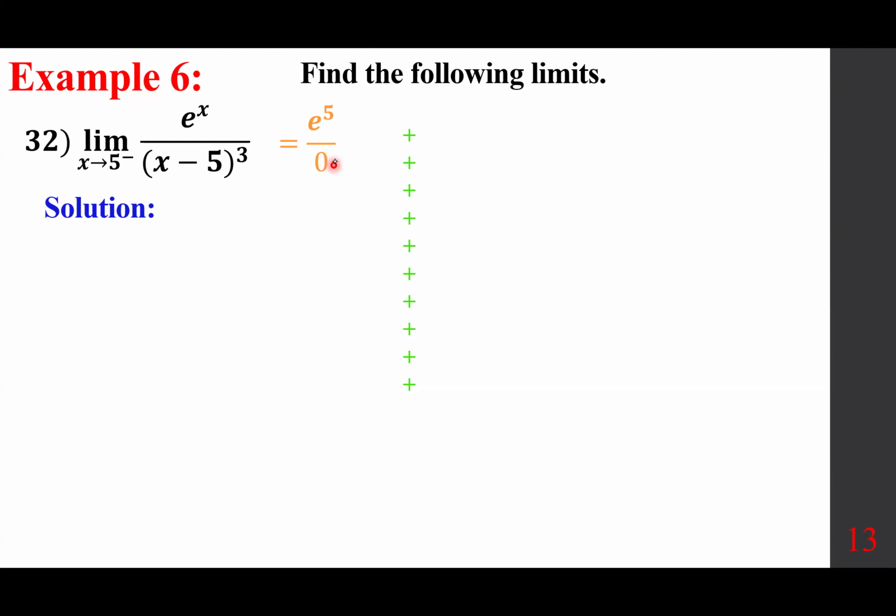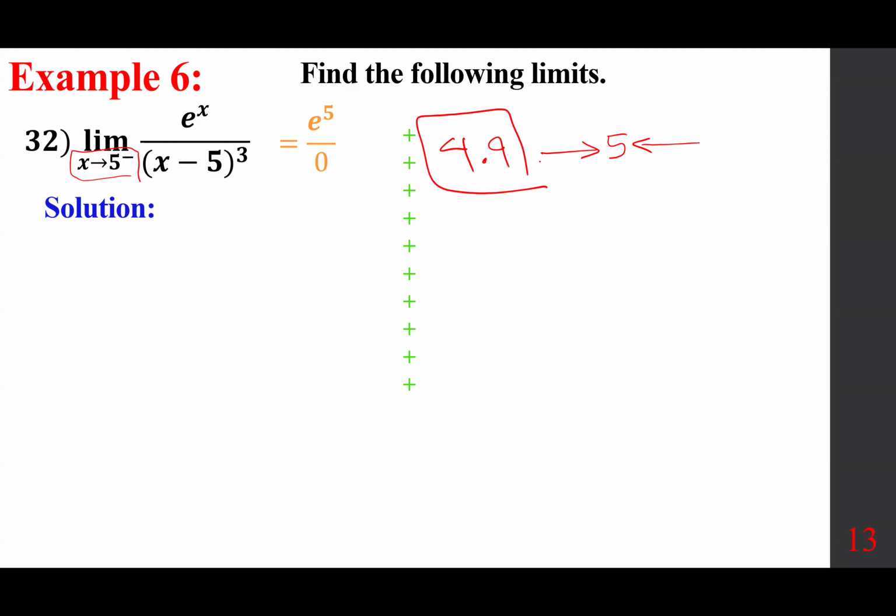So is it 0 from the right or 0 from the left? Let's figure it out by picking a value. x is approaching 5 from the left, like 4.9.